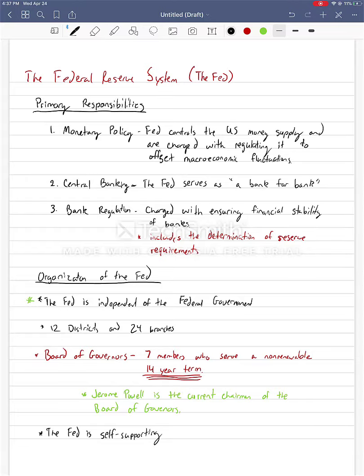When I say that they're self-supporting, that's because they earn interest on government securities issued by the Treasury and on loans that they've made.